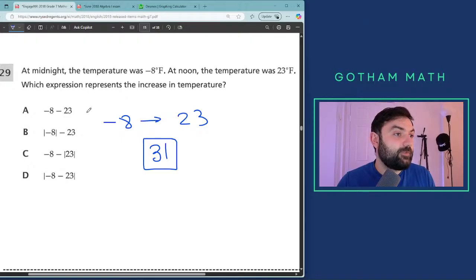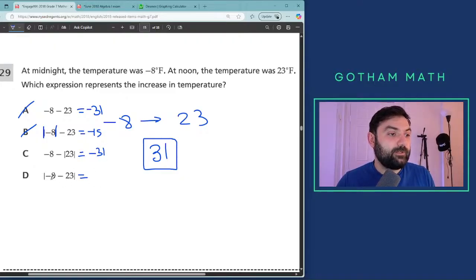Now let's just find what will be 31 here. This is going to be -31. This is going to be, well, absolute value makes things positive, yeah. So it's 8 minus 23, which is -15. No. This is not going to change anything. It's positive inside of the absolute value bracket, so it's just going to be -8 minus, so it's going to be -31.